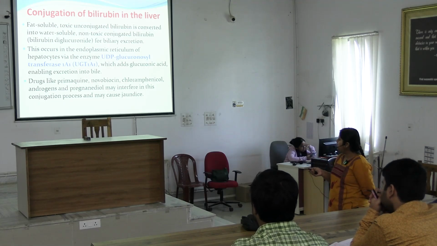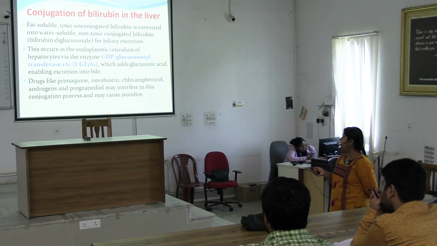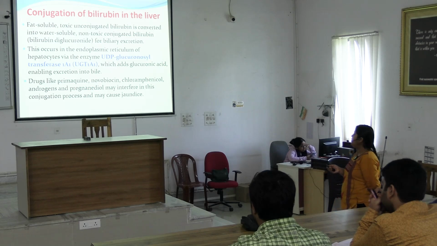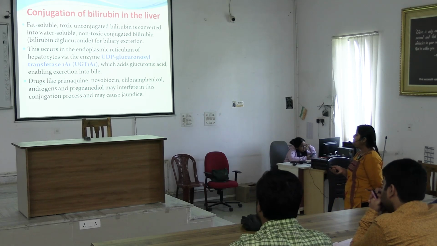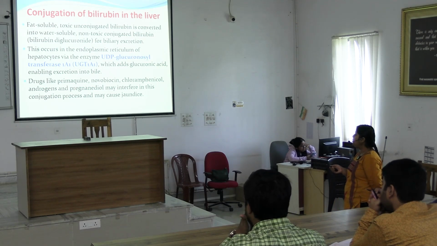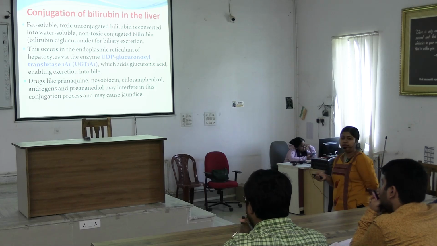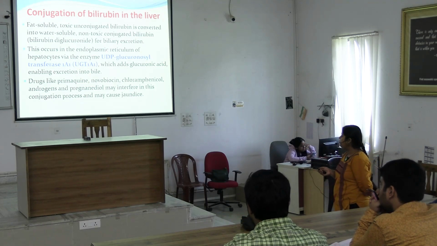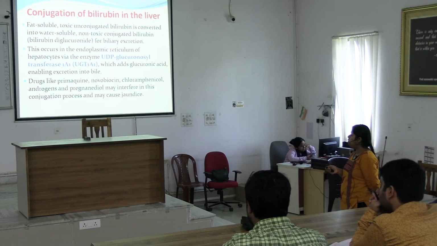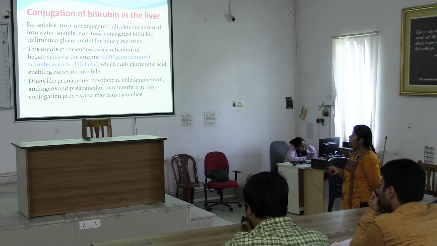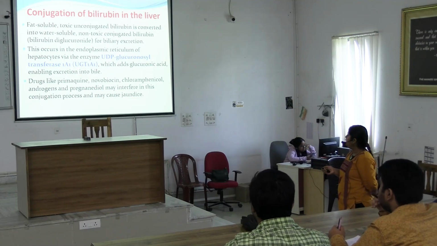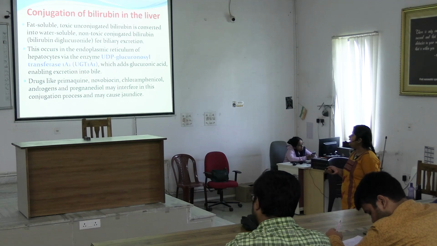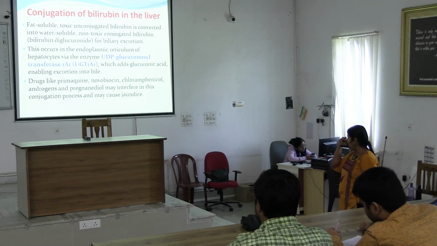For that conversion, conjugation occurs in the endoplasmic reticulum of hepatocytes via the enzyme UDP glucuronyl transferase 1A1. It adds glucuronic acid, enabling excretion into bile.